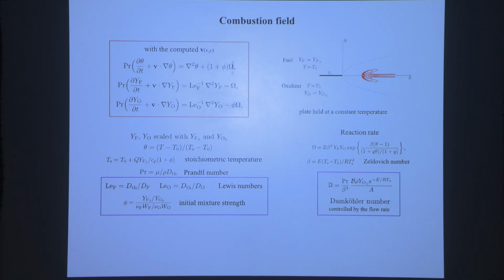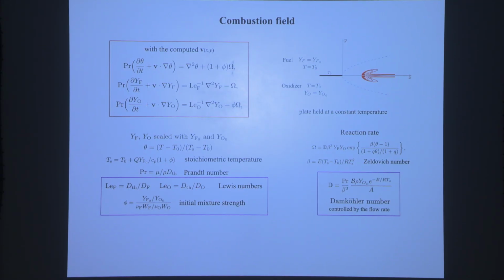Now we want to focus on the combustion field. We know V, we calculated it before. We scaled the equation. And YF, YO are like before, nothing new. I will use theta as my temperature by writing theta as T minus T naught divided by T stoichiometric minus T naught. So theta in the cold region upstream is 0.